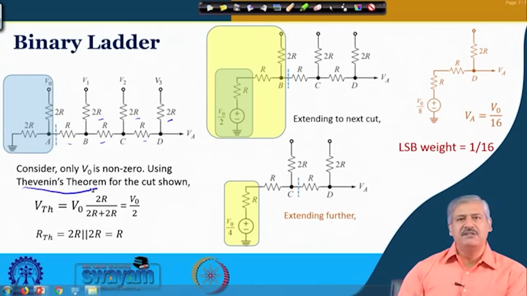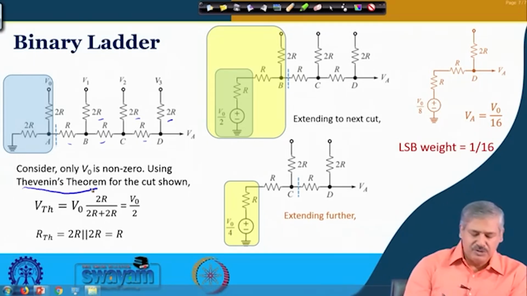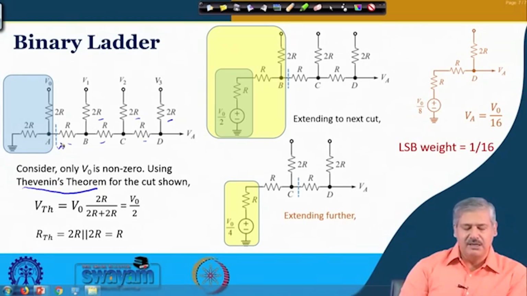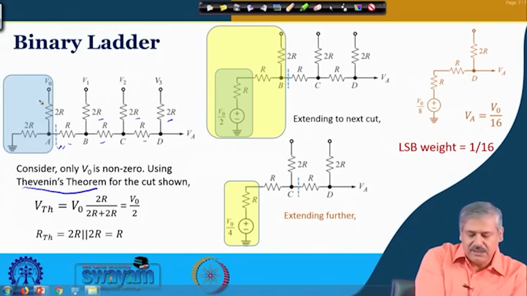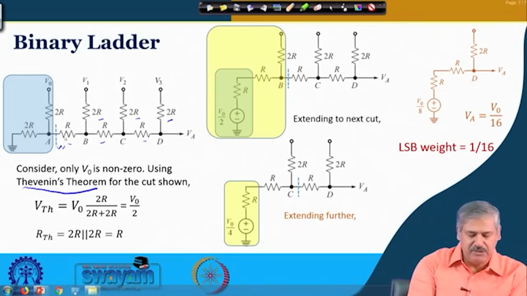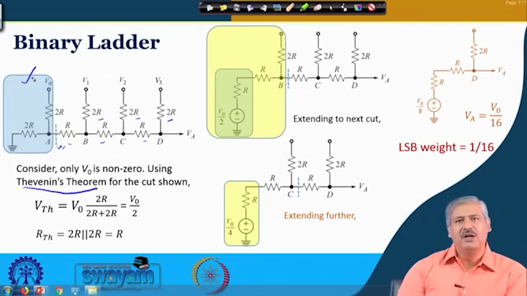So, in Thevenin's theorem we calculate Thevenin's voltage and Thevenin's resistance, right. So, here for this particular circuit we consider there is a cut over here and then we see the circuit from the left hand side to the right hand side. So, this particular block over here we are trying to find the Thevenin equivalent.